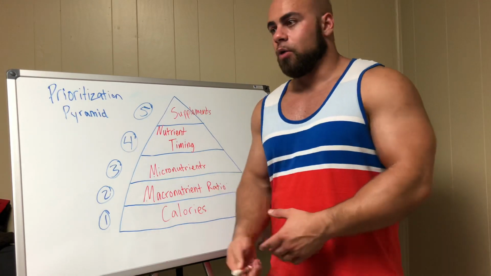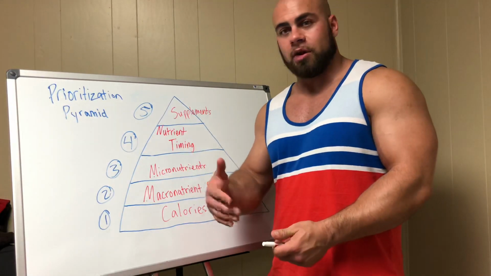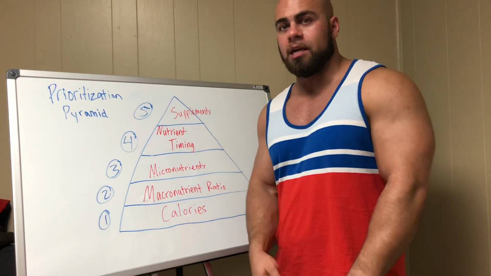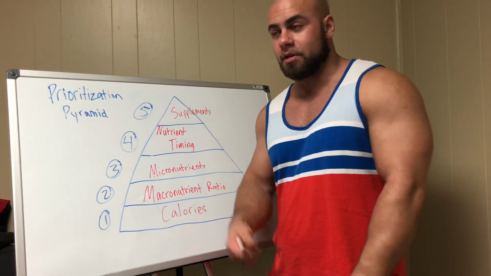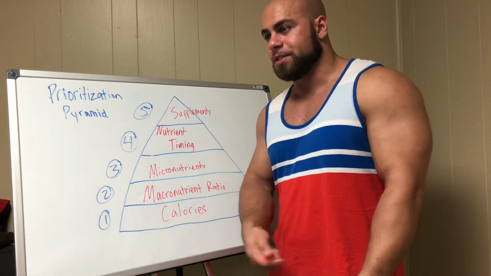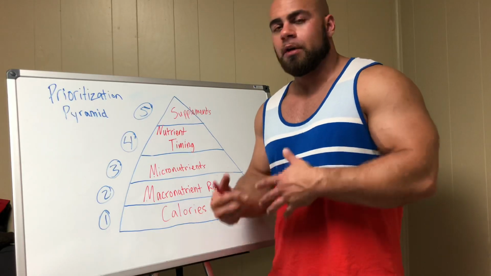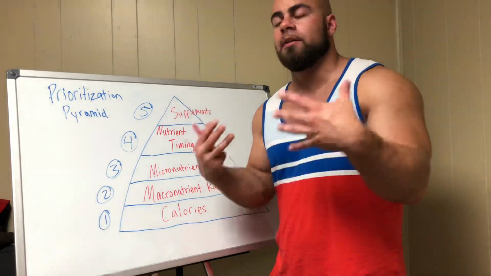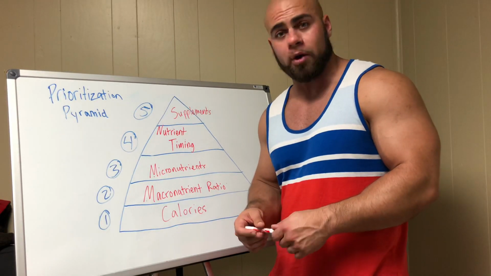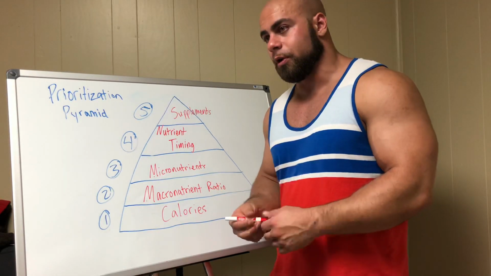A sweet potato doesn't need a list of ingredients on it because it's just a sweet potato. A ribeye doesn't need a list of ingredients on it because it's just a ribeye. Same with a sirloin. Oranges, beets, spinach, so on and so forth. You get the idea. If you pick those types of food, typically they're going to be very nutrient dense and they're going to be very good for you and help you feel good.